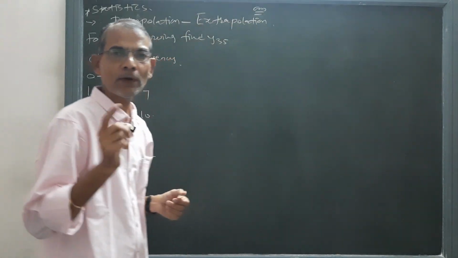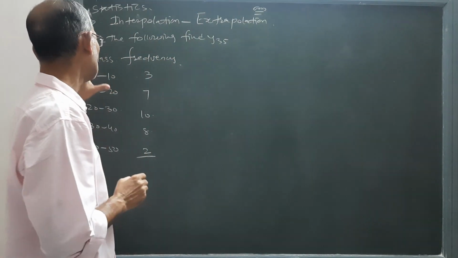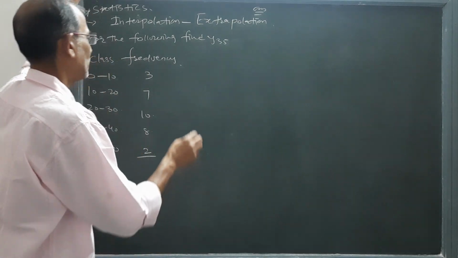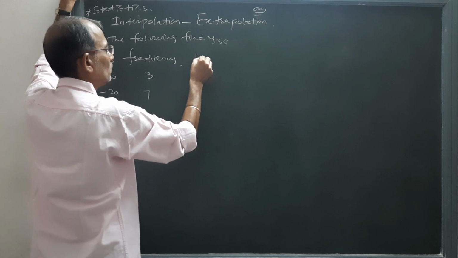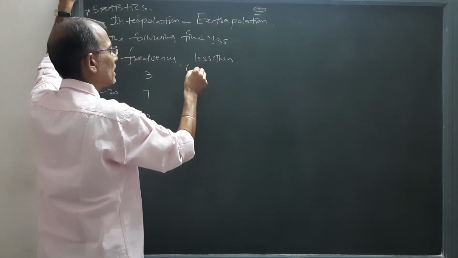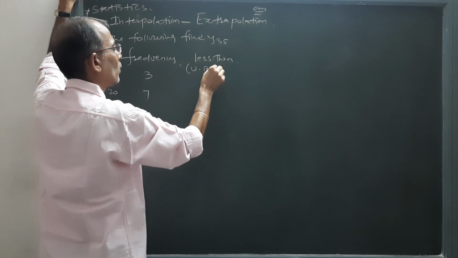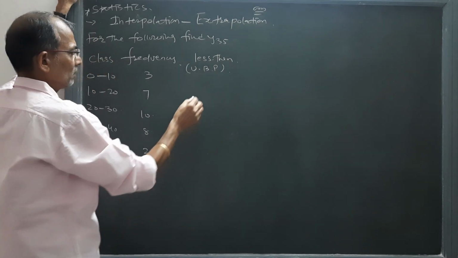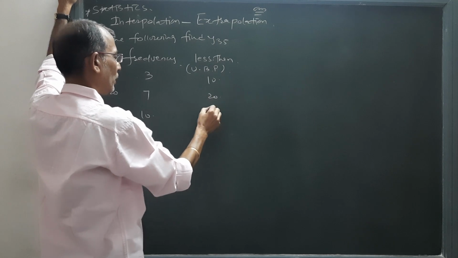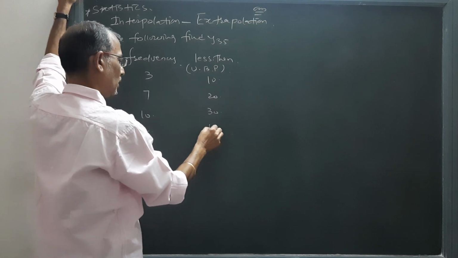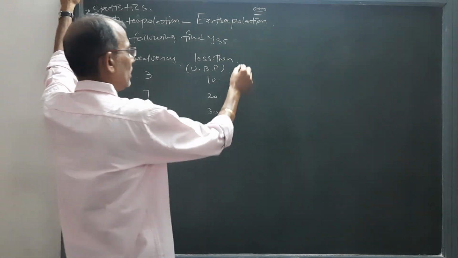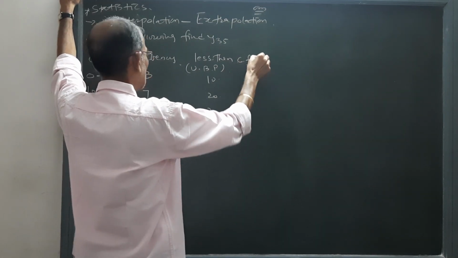For this, first of all we will convert this into a less than frequency distribution. For less than we will take the upper boundary points, that is 10, 20, 30, 40 and 50, and we will make it cumulative frequency.